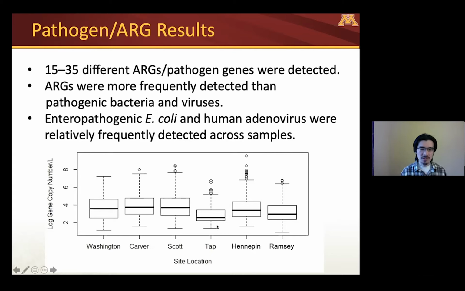The average concentration in tap water is relatively lower than the stormwater reuse sites. But the concentration is relatively comparable at the Ramsey County site. This is probably because the reuse facility at the Ramsey County site uses multiple layers of filtration and disinfection.